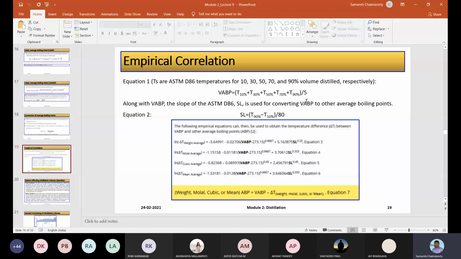Those things you can also have a look into, but for that purpose I would rather suggest you see how weight average boiling point, molar average boiling point, cubic boiling point and mean boiling point can be converted. If you know the volume average boiling point, you can easily check the delta T value and convert it into the individual type of average boiling point.